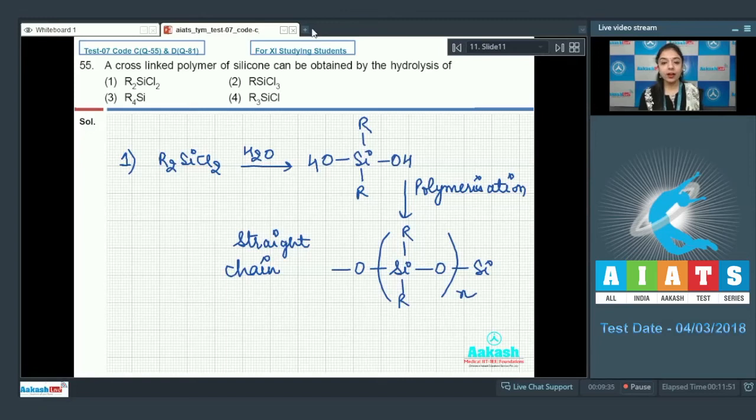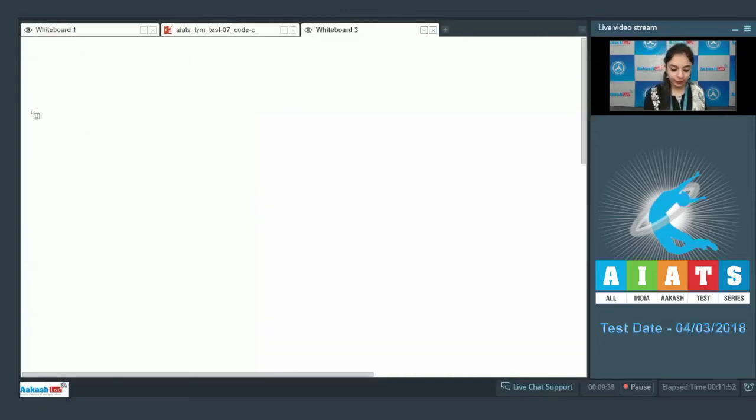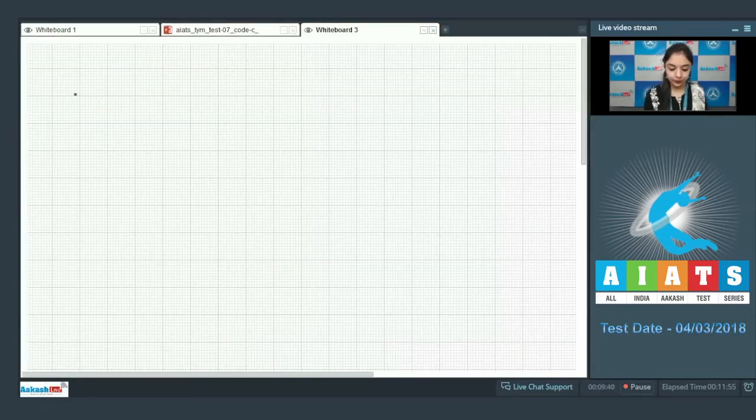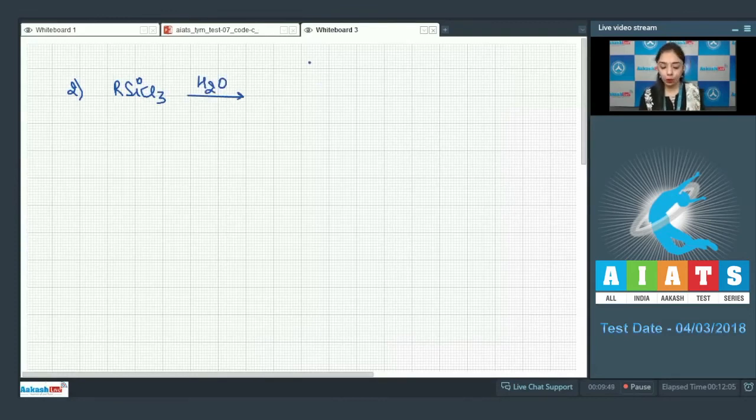And in the second case we have RSiCl3. So on hydrolysis, Cl will be replaced by OH.